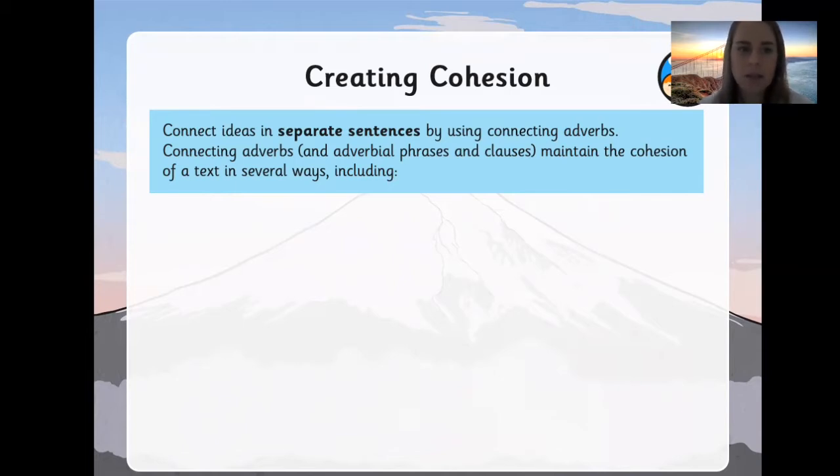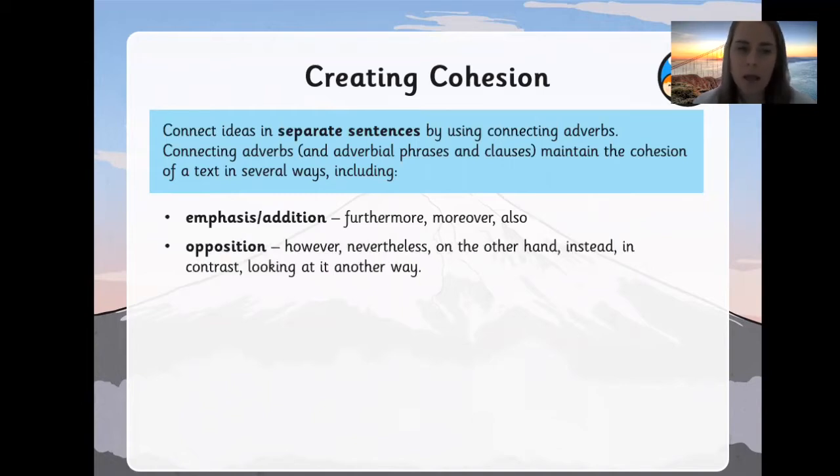Okay, so connecting adverbs, adverbial phrases and clauses all maintain the cohesion of a text in several ways. So they might emphasize or give an additional bit of information. So furthermore, moreover, also. They might be for an opposing view. However, nonetheless, on the other hand, instead, in contrast, looking at it another way.